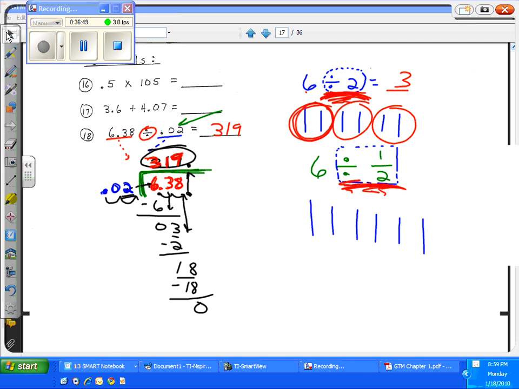Now, to make a set of 1/2, we'd have to cut each one in half, and cut it in half, and cut it in half. We've got 12 things.